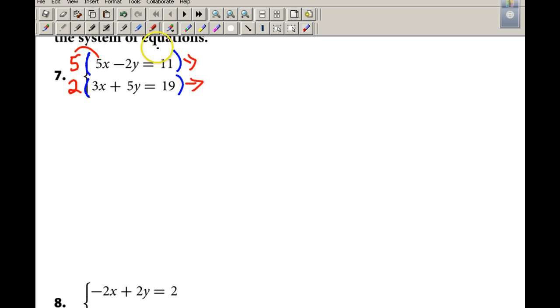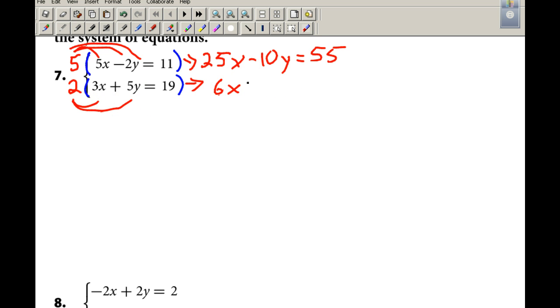So here we go. 25x negative 10y equals 55. Bottom, 6x plus 10y, okay, and 2 times 19, 38.